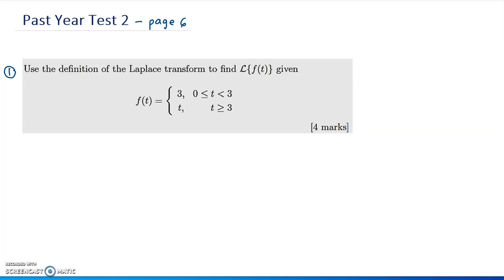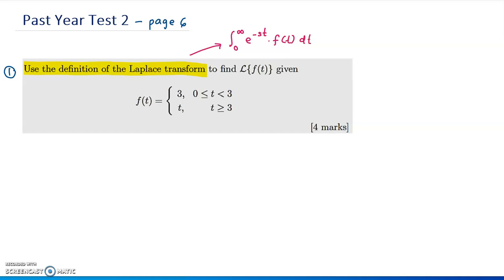So first of all, read the problem carefully, read the sentence carefully. In this case, it is stated clearly that you need to use the definition of the Laplace transform. So whenever you see the words definition of Laplace transform, it means you need to refer to the integral from 0 to infinity of e^(-st) times f(t) dt.